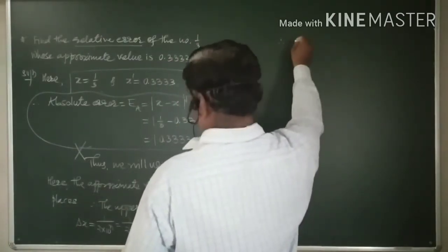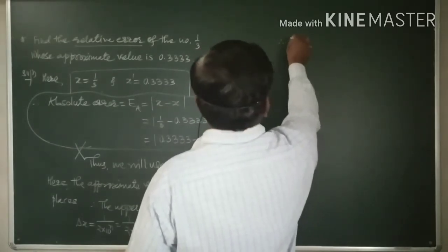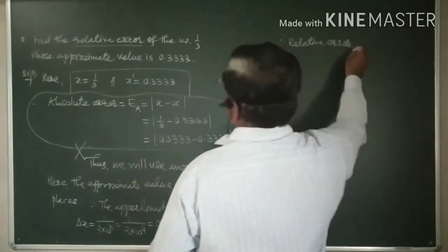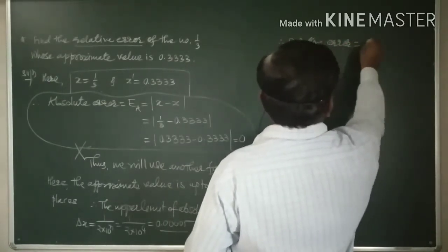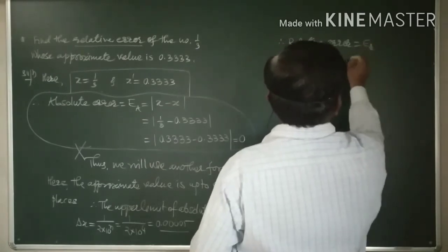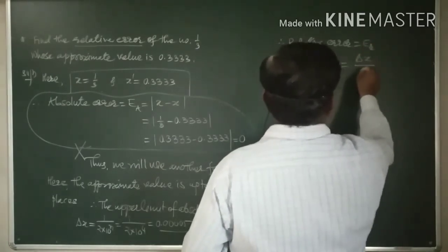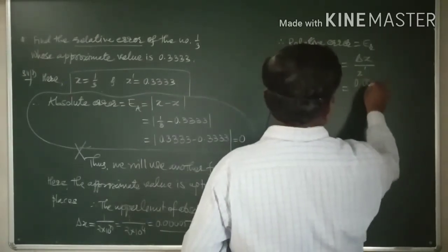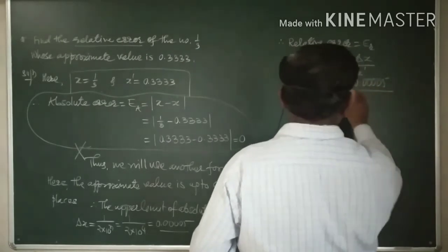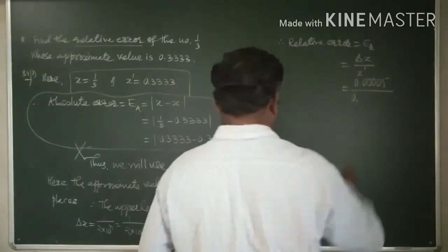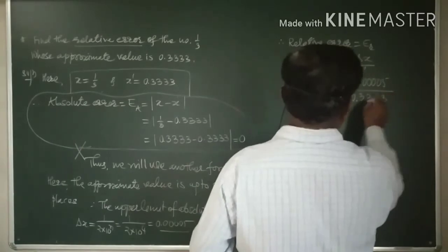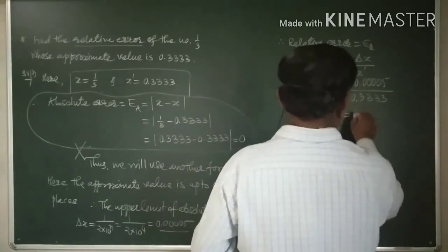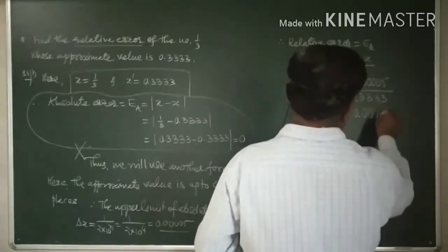Therefore, the relative error ER is equal to del x upon x dash, which is nothing but 0.00005 divided by 0.3333. The answer for this one is nothing but 0.00015.